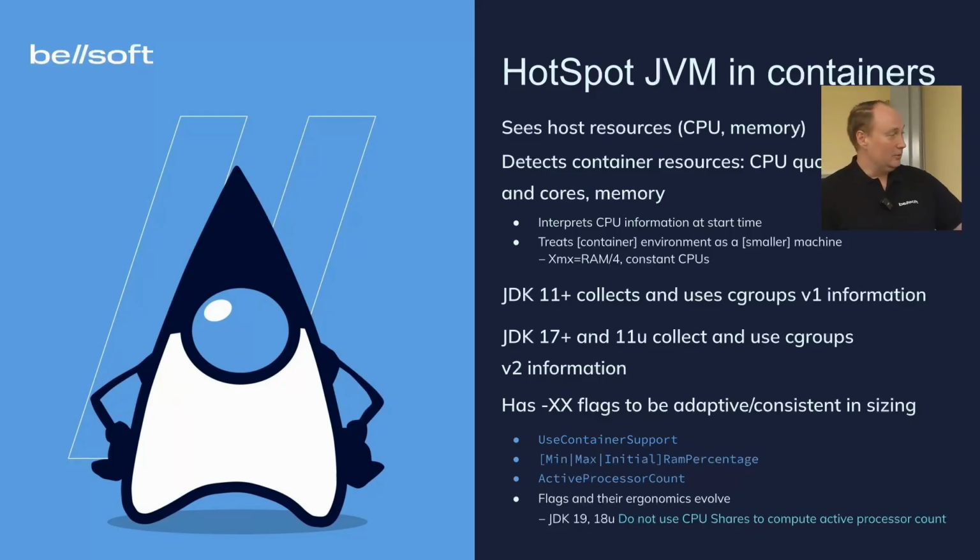And there are also JVM ergonomics, JVM heuristics that change depending on the actual resources that the JVM sees in the container, but they don't change on the fly. They are detected on startup, and that's it.